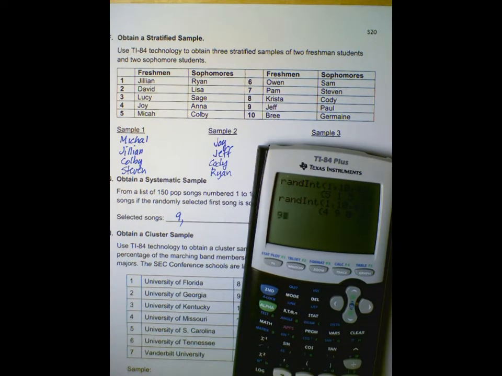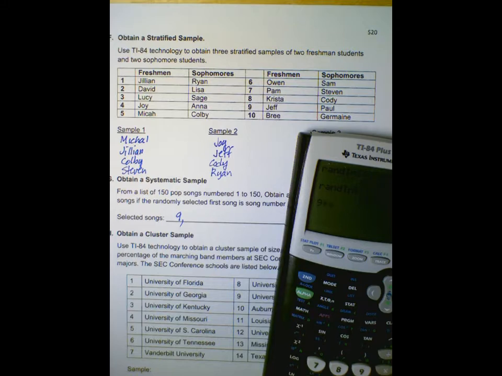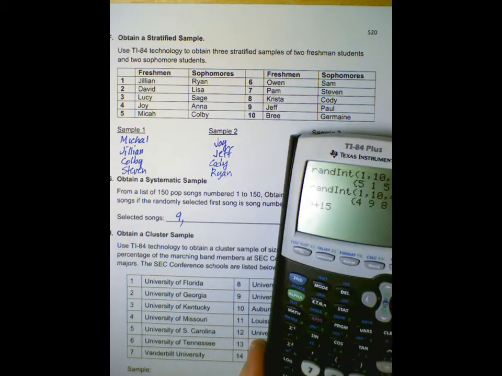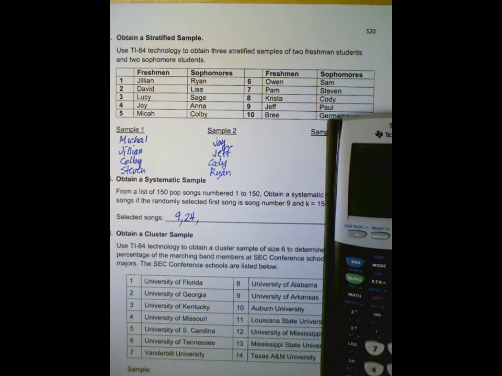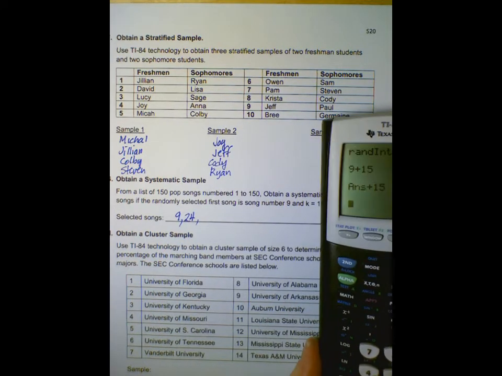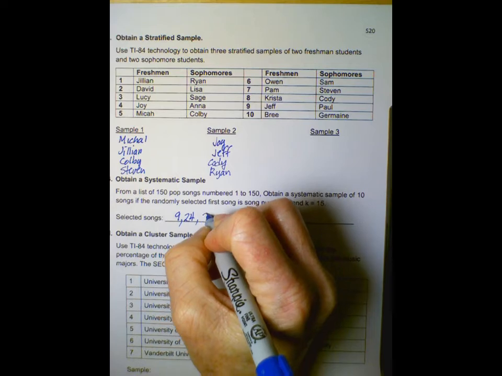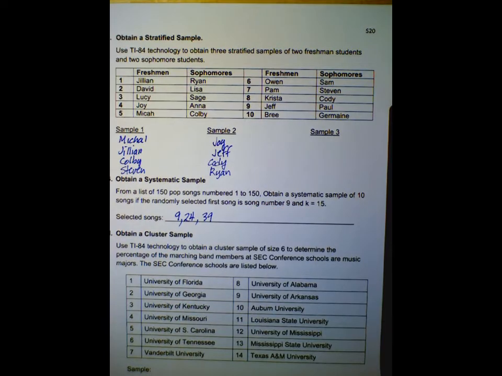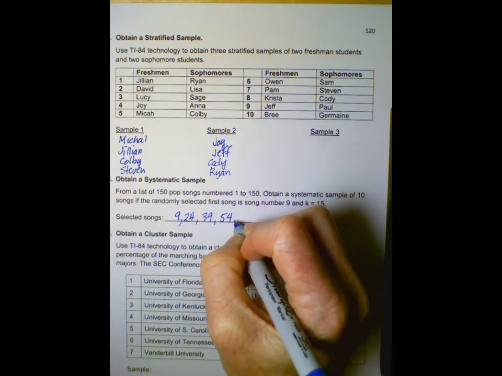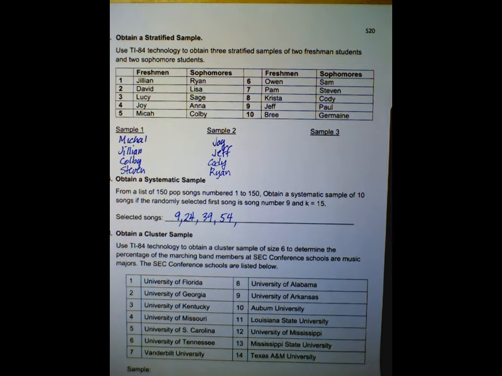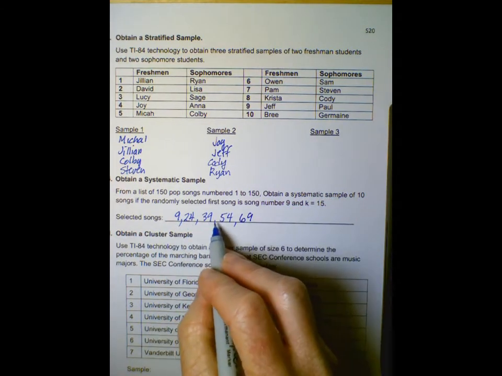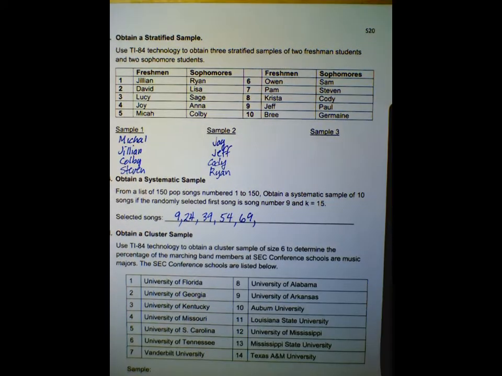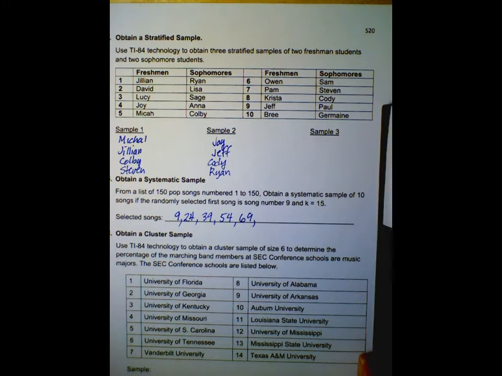We're starting with number 9, and from 9 we're going to go plus 15, and now we need song number 24. And then we'll add another 15, and we need song number 39. Plus another 15, that's number 54, plus 15, 69. Notice I've got 1, 2, 3, 4, 5. I need 5 more. Plus 15, 84.